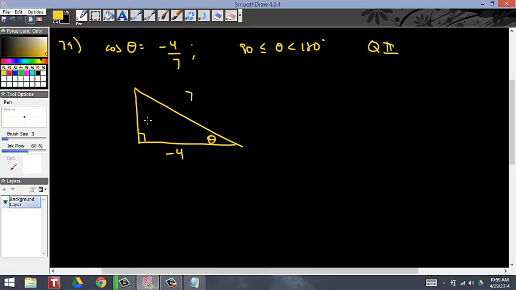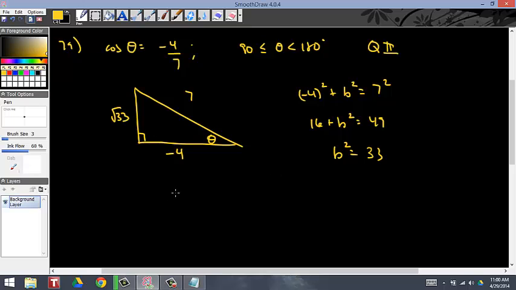From here, we find the opposite side, so it's going to be negative 4 squared plus b squared equals 7 squared, so that's going to be 16, plus b squared equals 49. B squared equals 49 minus 16. 33. So this is going to be rad 33.